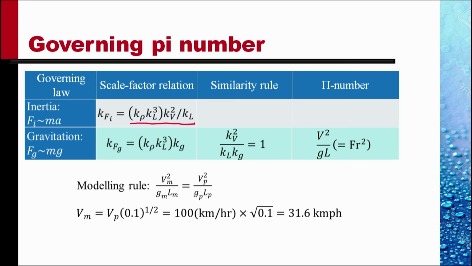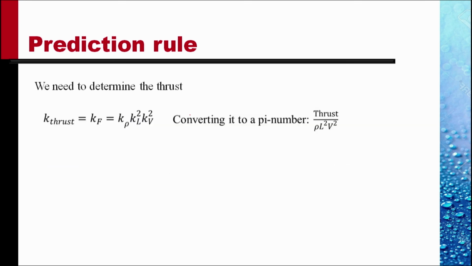So, we will need the force required to accelerate this to 31.6 kmph. The force required, the thrust, is a force, so it should have the same scale factor, k rho, kl square, kv square. Converting it to a pi number, thrust divided by rho, L square, v square must have the same value in the model as in the prototype.